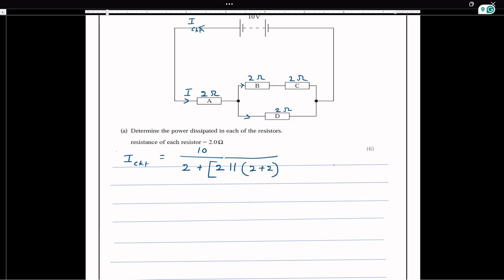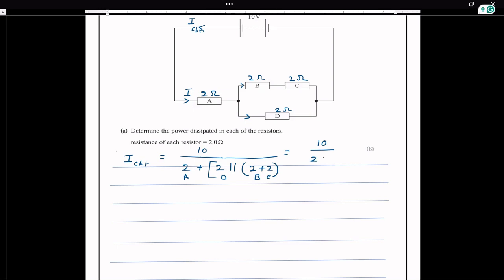This is VA, this is VD, and this is B and C. So D is parallel to the series combination of 2 and 2, which is 10 over. So the series combination is 4.